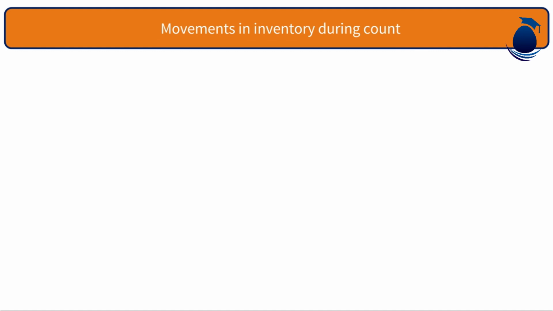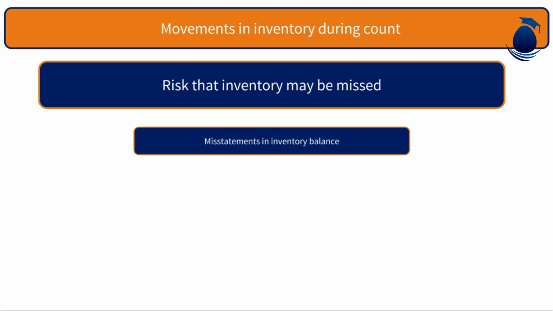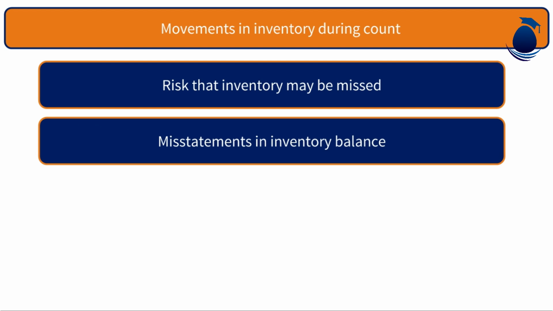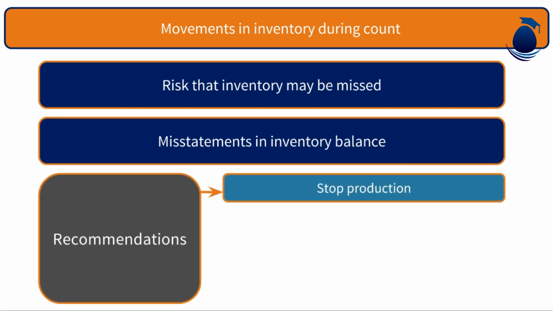As there is continuous production at Lilly, there will be movements in inventory during the count. It will be difficult for the count team to manage this, and there is a risk that inventory may be missed or items counted when they have been dispatched, causing misstatements in the inventory balance. The recommendation could be to stop production, but this seems unlikely given how they operate.